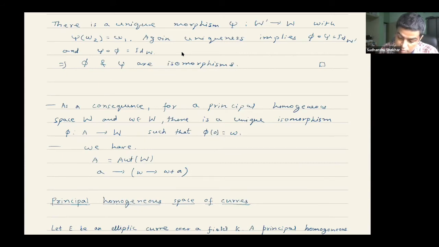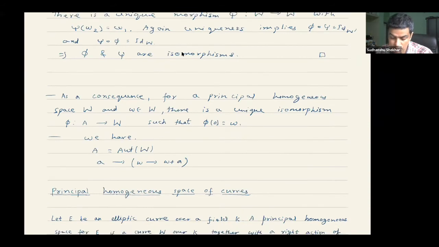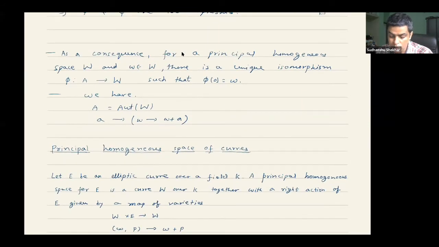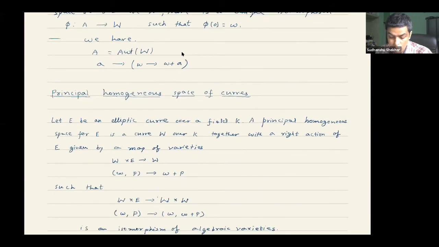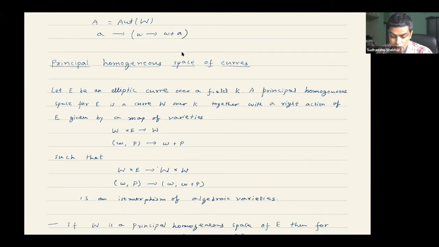We have a unique morphism of principal homogeneous spaces which takes zero to W. We also notice here that from A we have a homomorphism which takes an element A to the morphism of principal homogeneous spaces taking W to W plus A. Okay, so these are two things you can note down.